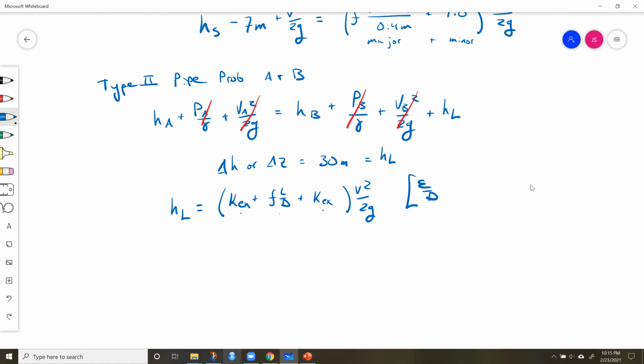Our epsilon over D is equal to 0.000375. So it's basically a smooth pipe that's going to be at the bottom of your chart there.